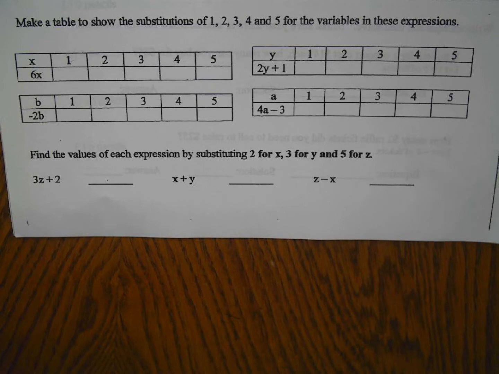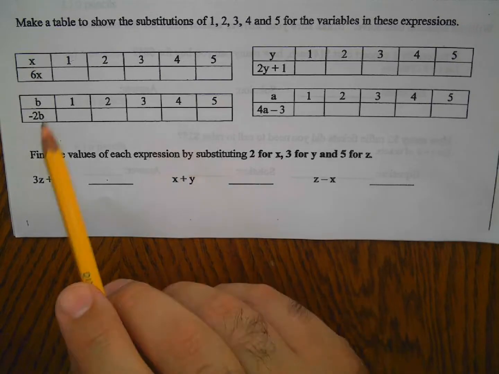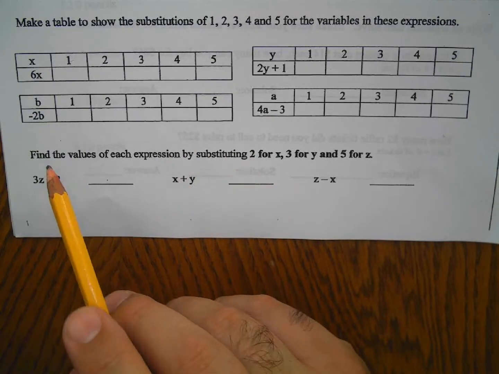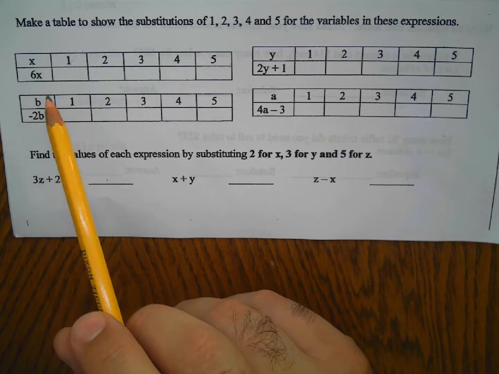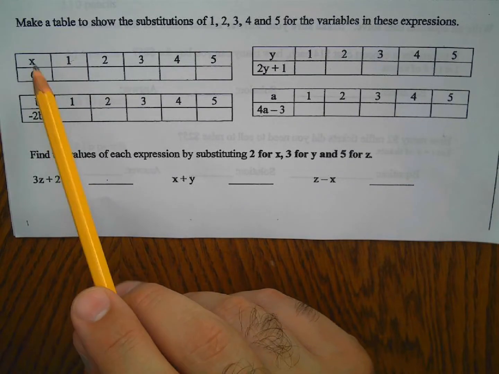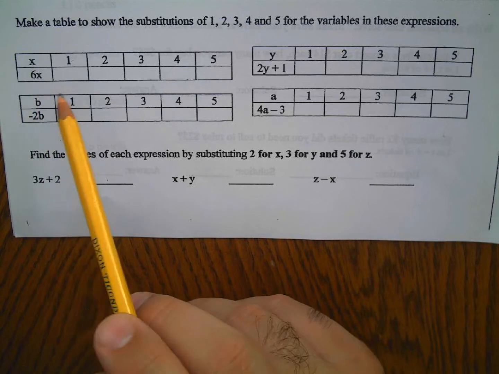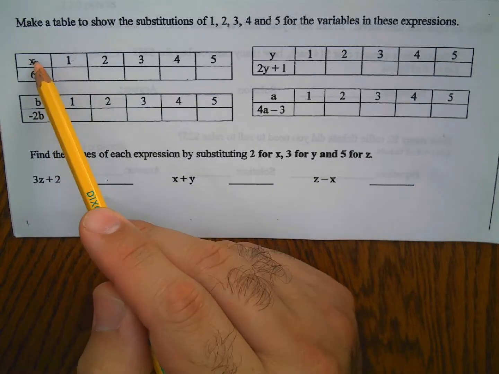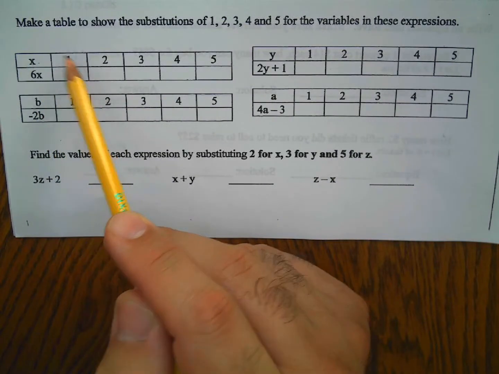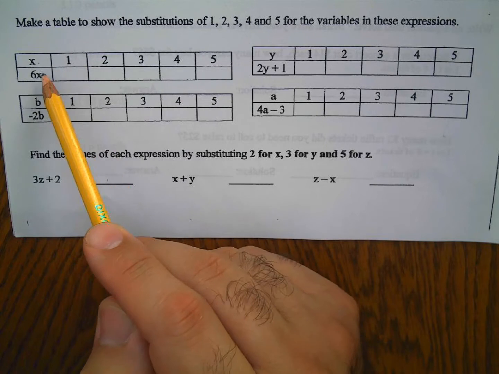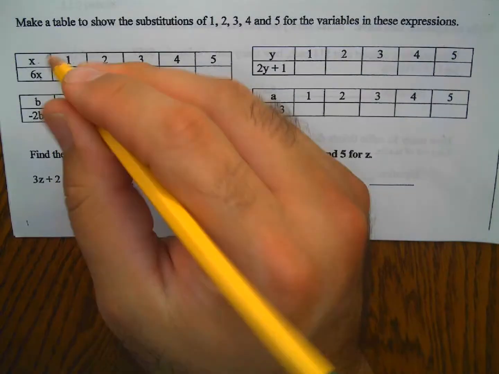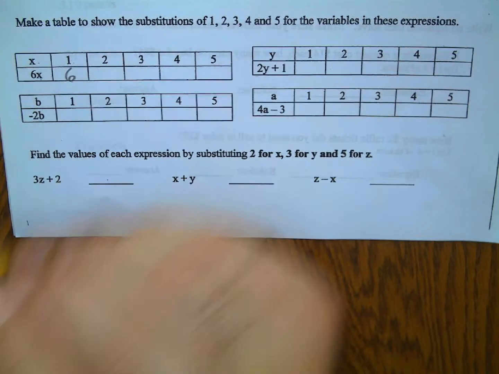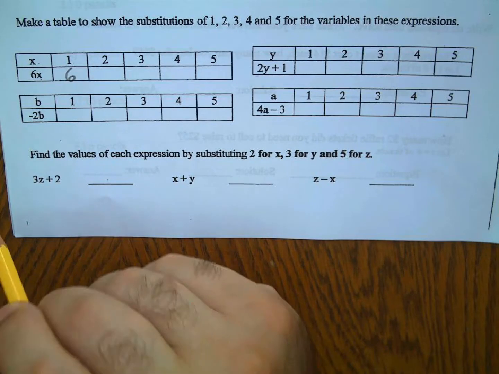So now we moved on to the bottom, and what I want you to do is use substitution for the variables in these cases. If we look here, we got x. When x is 1, we're going to substitute 1 in for x. So instead of 6 times x, it'll be 6 times 1, which we did in the notes that we wrote down in your notebook.